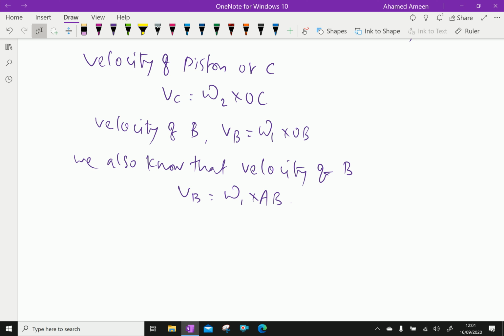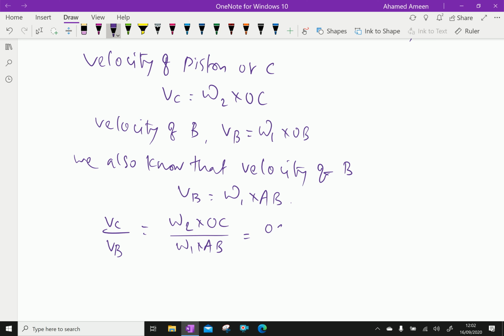Now here we have VC by VB, that is omega 2 into OC over omega 2 into OB, which is equal to OC by OB.